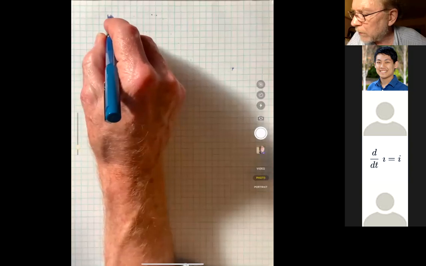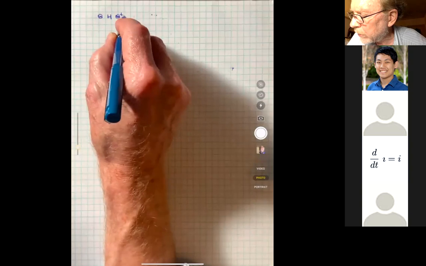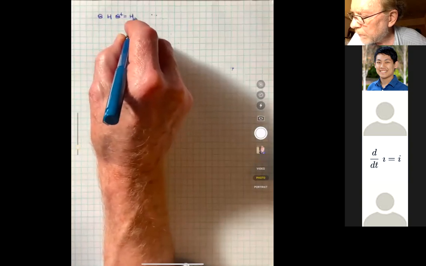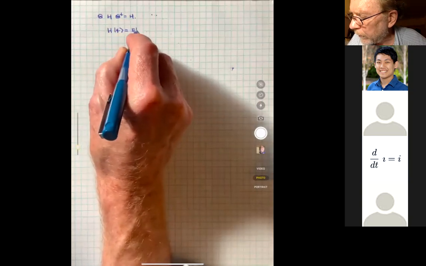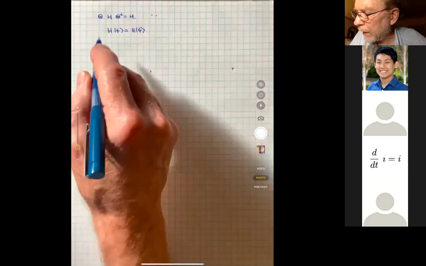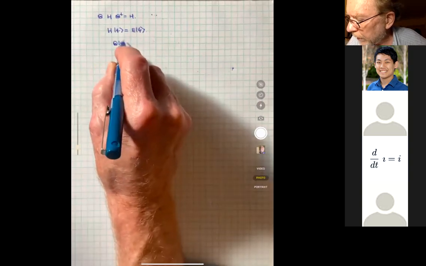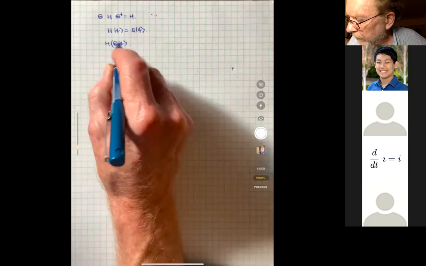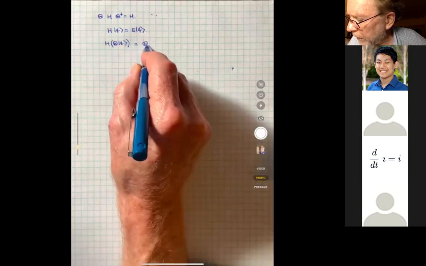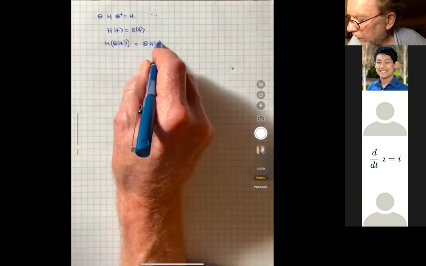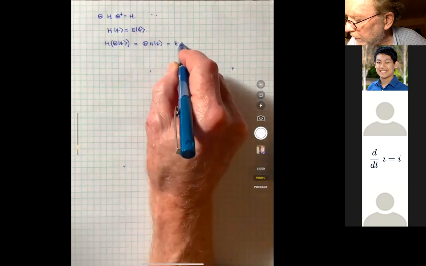Let's suppose we have a Hamiltonian which is invariant under time reversal, so that theta H theta dagger is equal to H. And let's suppose I have an energy eigenstate of H, which I'll call psi. If I consider time reversal acting on psi, and I let H act on that, because H commutes with theta, I can bring the theta out, and I get theta times H psi. The H psi, of course, brings out E, but E is a real number, so I can bring theta through that, and I get E times theta psi.